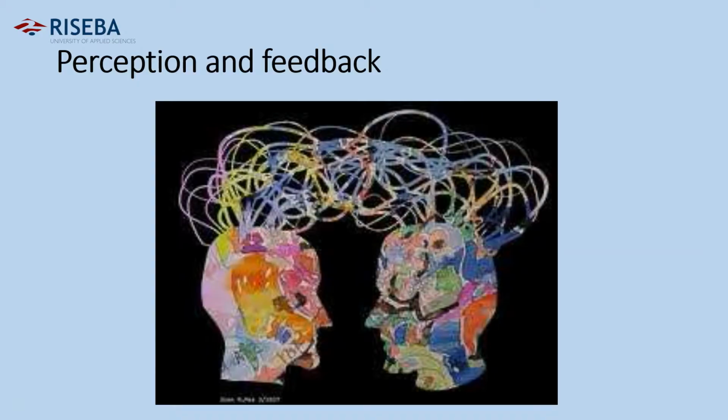So let's look at this slide. Here we see that what happens in our brains is a very messy process. We would like to receive message clearly, or we have good intentions, but maybe another person has certain other intentions.